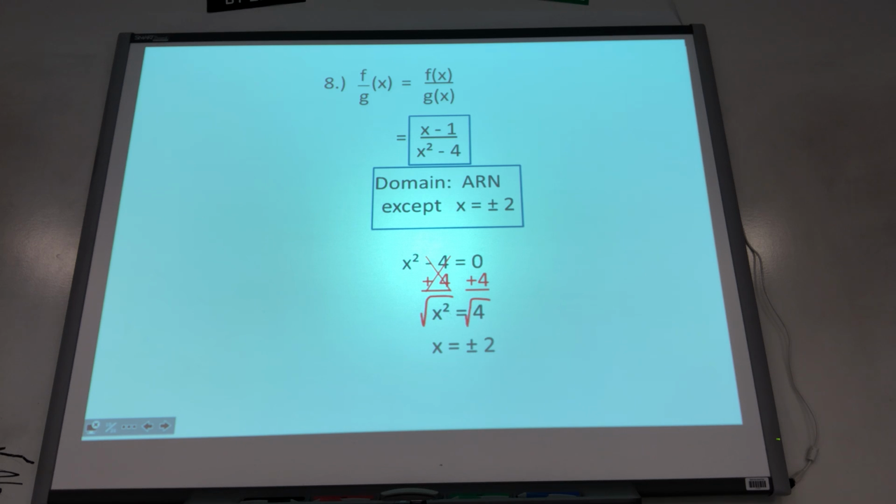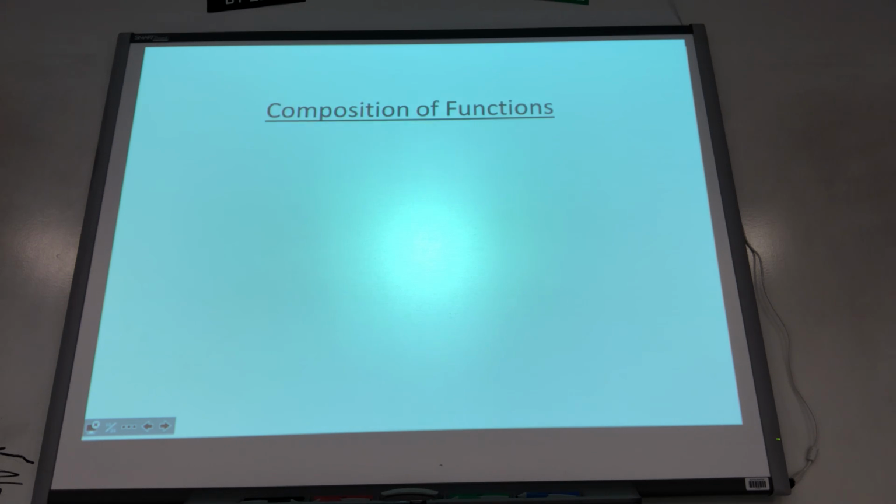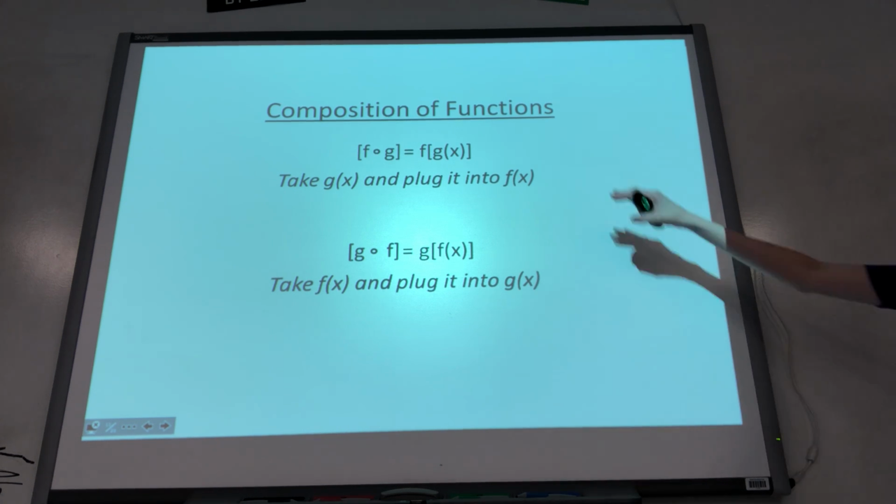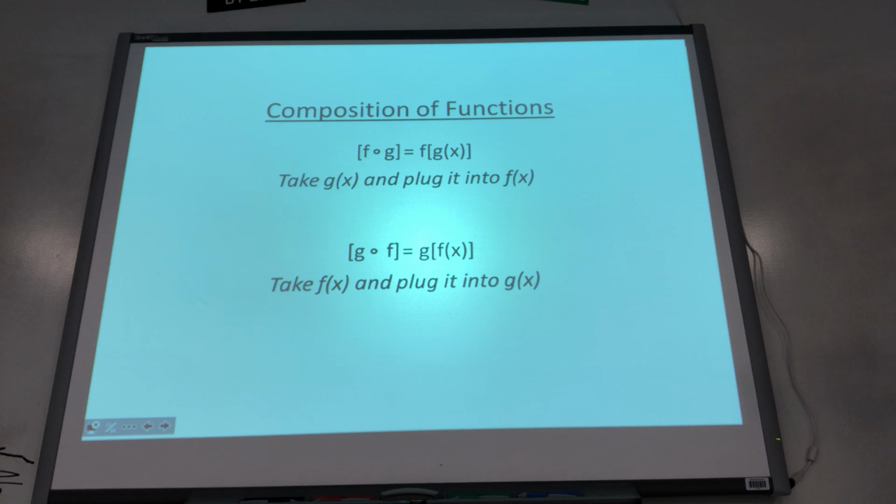Function operations. Okay. I'm going to go ahead and put back up here the little information we had about fog and goth. So I'll just put it all up here and you guys kind of decide which parts you want to put down. If you're making your cheat sheet, all of this might be good to put down. This was probably a weak area on the quiz, so this is definitely good to review right now.